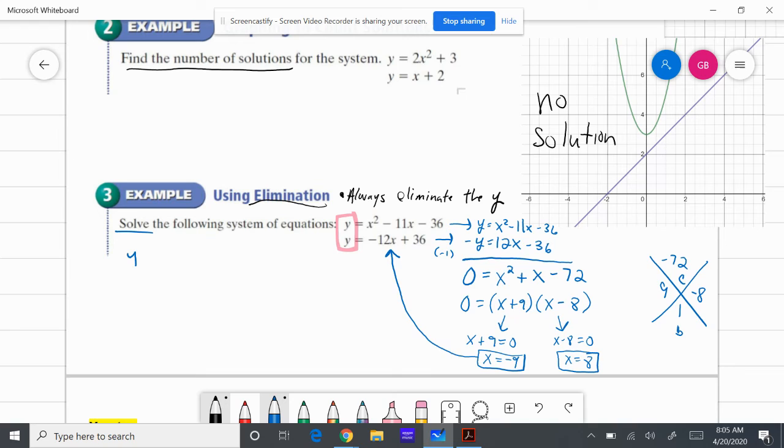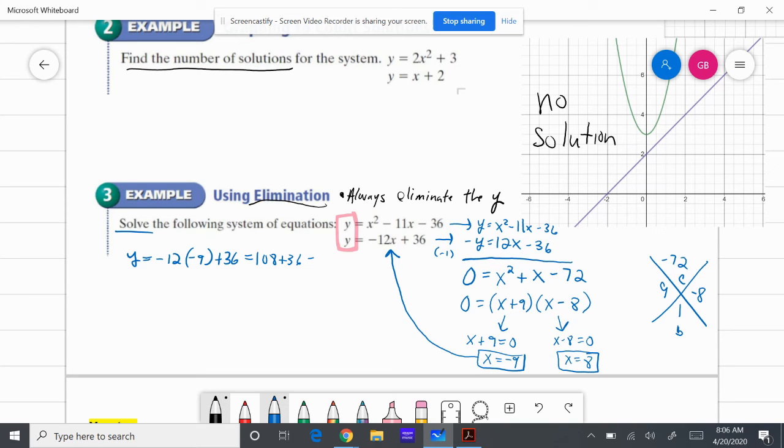So y equals negative 12 times negative 9 plus 36. So that's equal to, negative 12 times negative 9 is 108 plus 36.